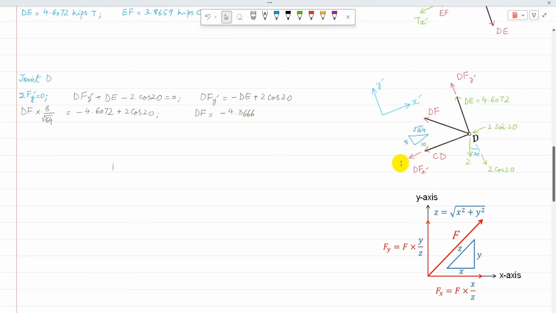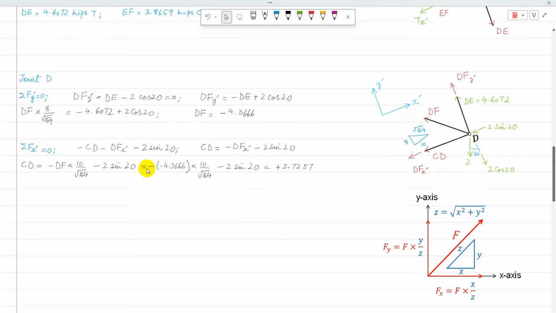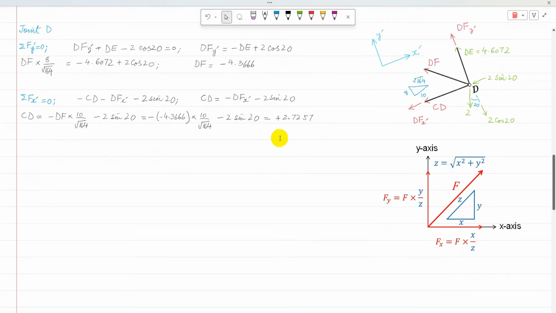Once DF is calculated, I'm going to apply sigma Fx' equal to 0. Applying sigma Fx' equal to 0, CD is negative, DFx' is negative, and there is a component of load 2 sine 20, which is also negative. So CD is minus DFx' minus 2 sine 20. DF is already calculated, and the horizontal component DFx' is force times the horizontal side over the diagonal or hypotenuse.